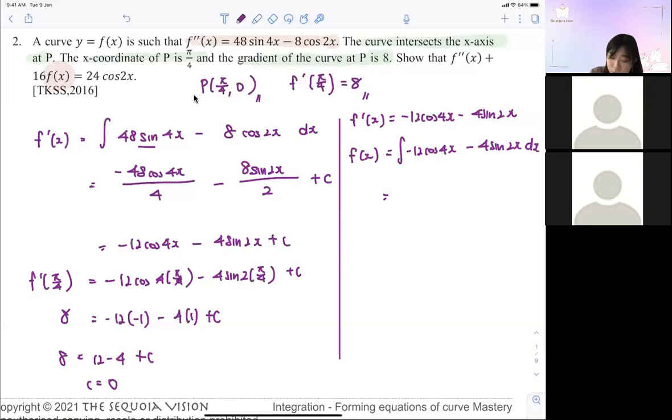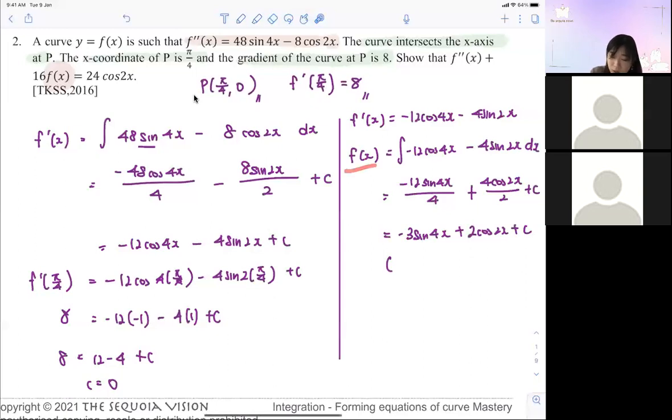Integrate of cosine is just sine. Integrate of sine is minus cosine. Then I still have to find my constant C. Before that, I simplify first, then I sub in my point.